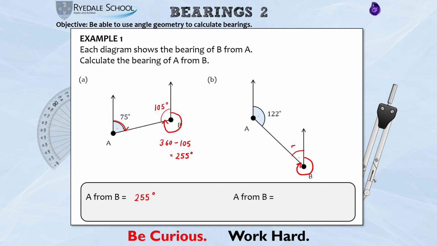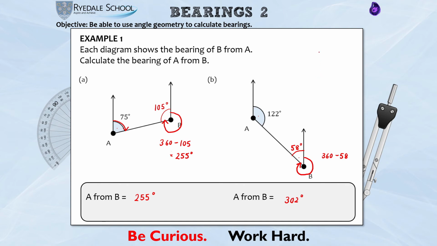So this must be 58 degrees. To work out the bearing of A from B, I need to do 360 take away 58, which is 302 degrees.